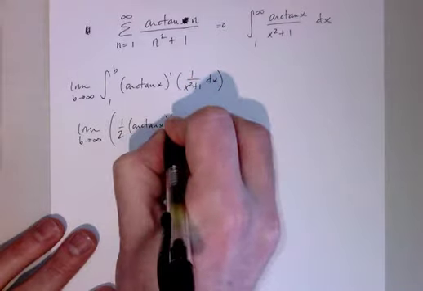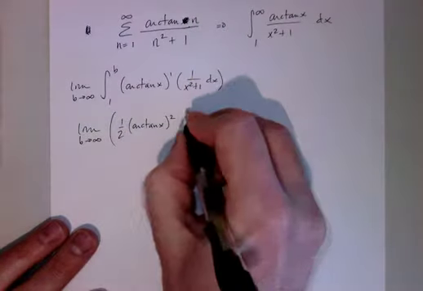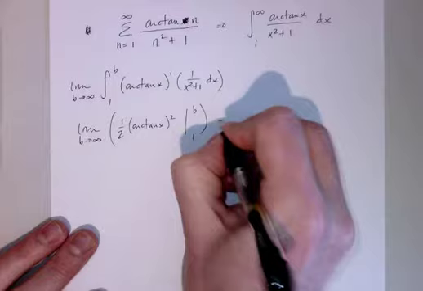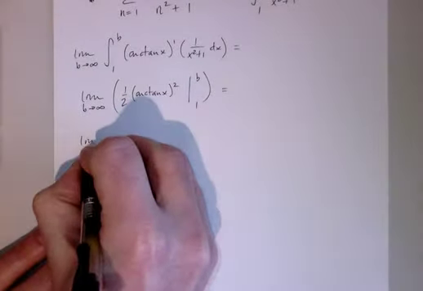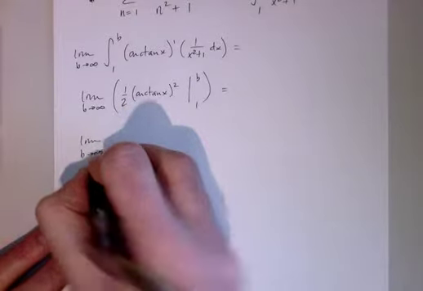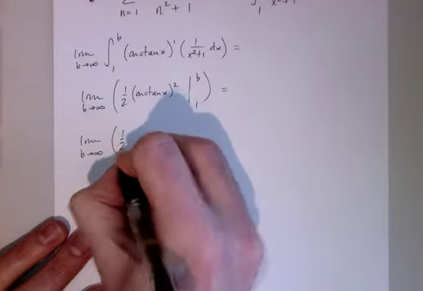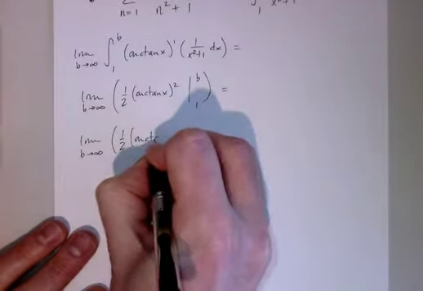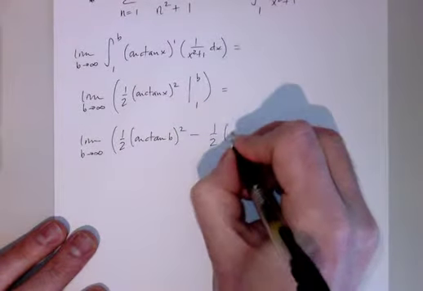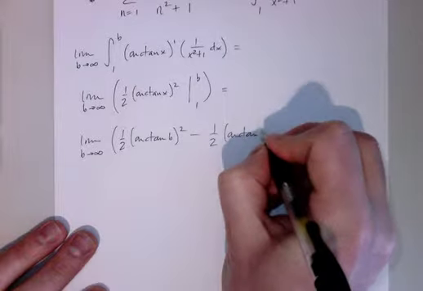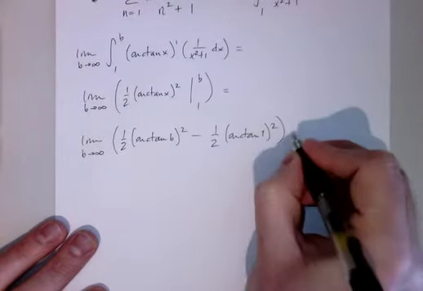So we go ahead and get 1/2 u squared from 1 to b. Limit as b approaches infinity of 1/2 arctan b squared minus 1/2 arctan 1 squared.